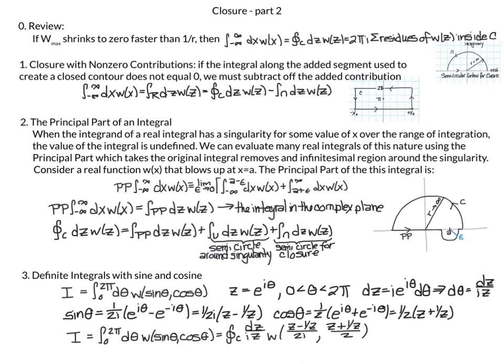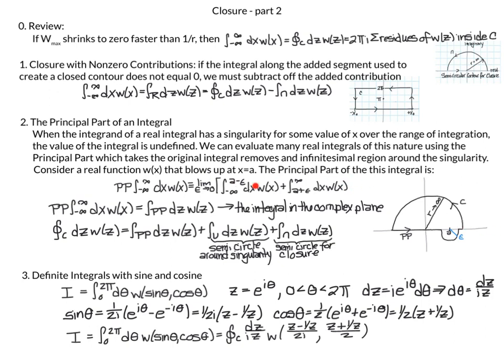So the principal part is defined as the limit as epsilon approaches 0. Remember, I'm saying it's an infinitesimally small circle around your singularity. It is the integral from minus infinity up to a minus epsilon, and then we add that to the integral from a plus a very small epsilon to infinity.